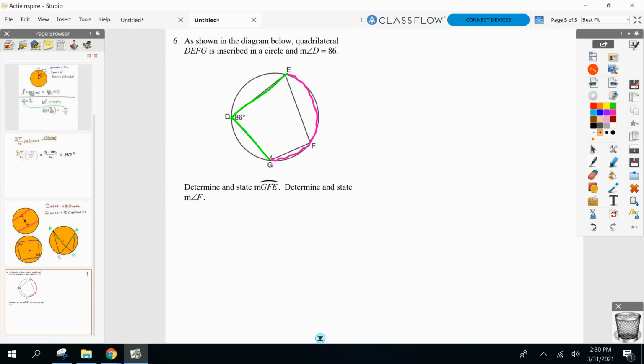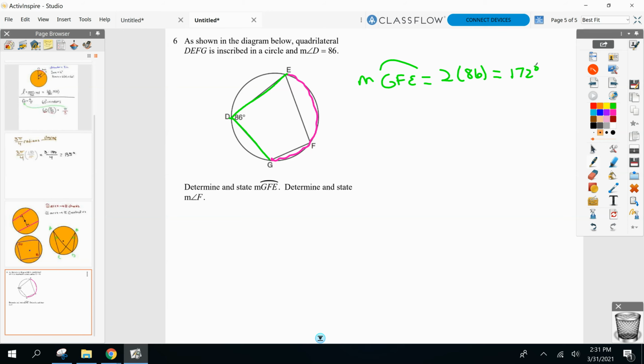Angle D is drawn to arc GFE, and angle D was found by taking half of GFE. So I'll go in reverse: arc GFE has to be double 86, 172 degrees. Again, D was the inscribed angle drawn to the arc you asked me to find.